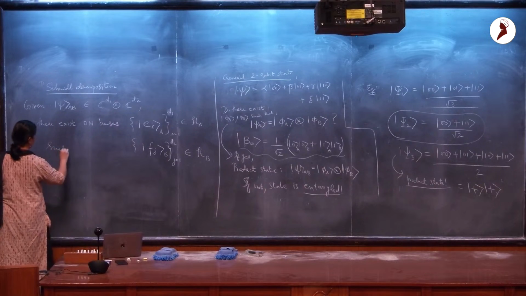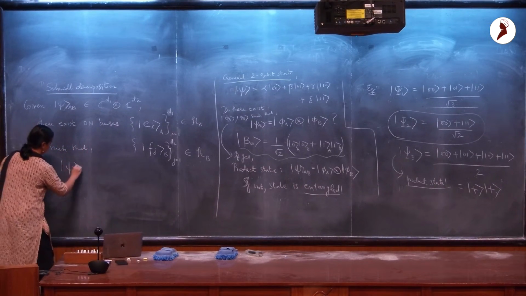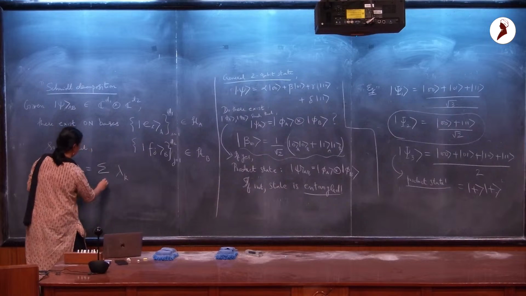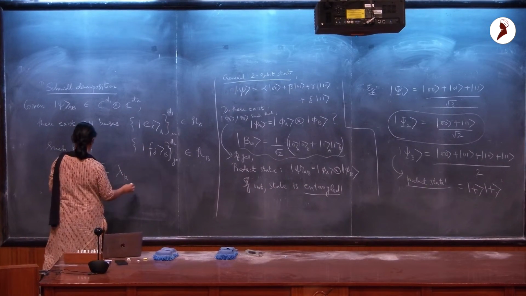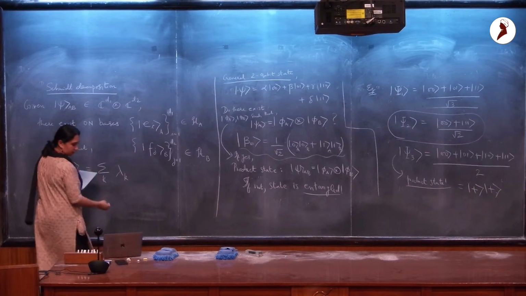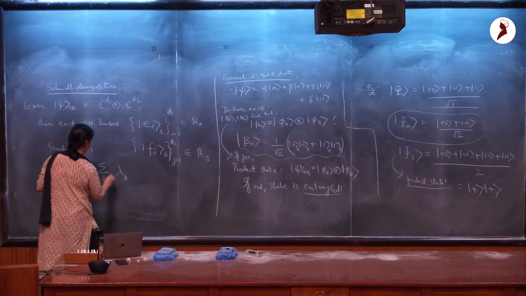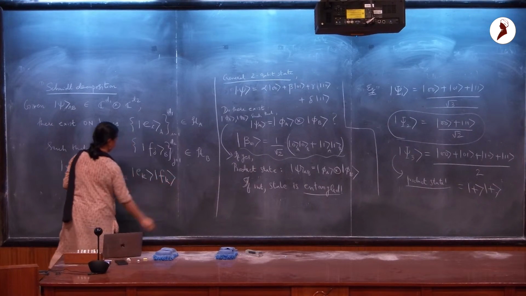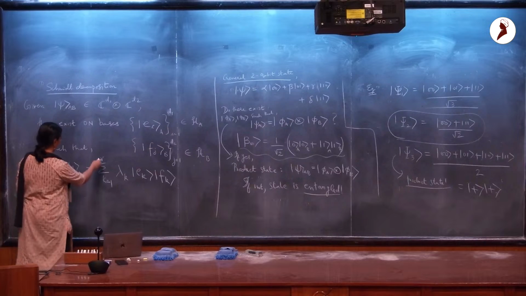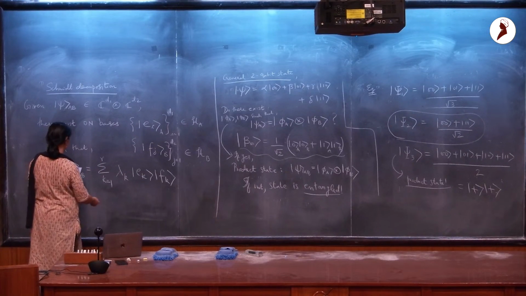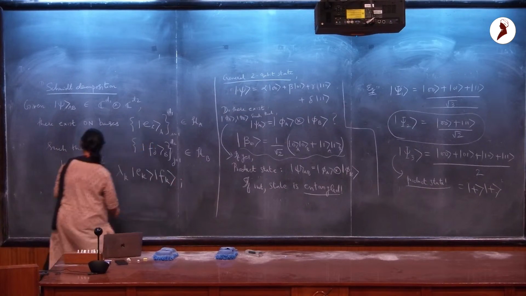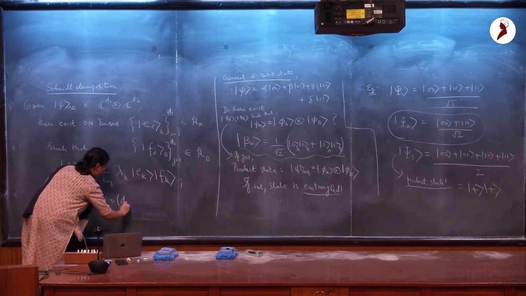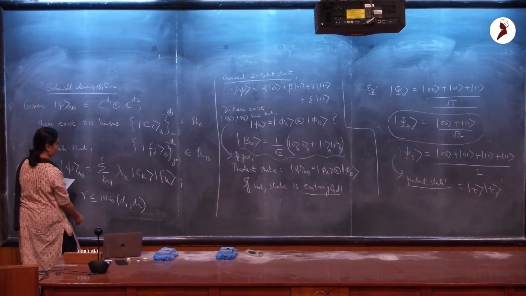Such that I can write this joint bipartite state in this form, sum over k, lambda k, okay, so I'm going to say k going from 1 to r, e_k, f_k, where r is basically smaller than the min of D1, D2, okay?